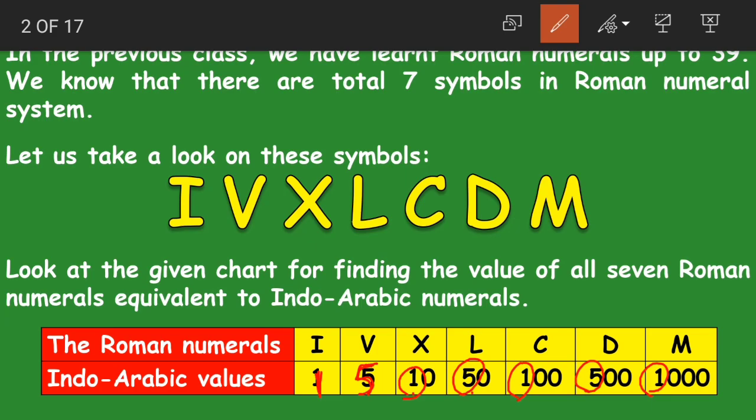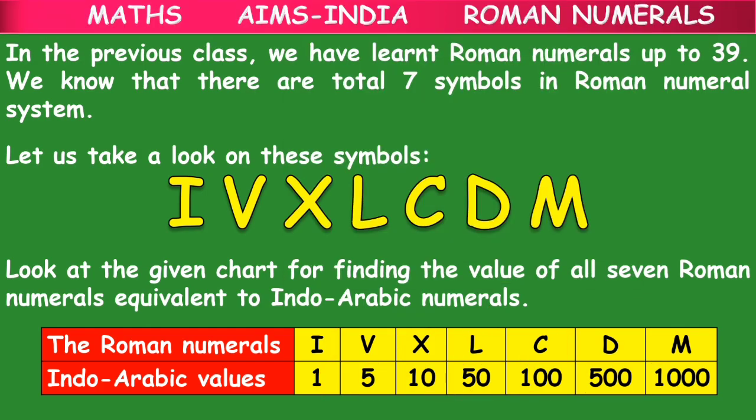The difference here is that in the first two numbers we do not have any zeros. For the next two we have 1, 0 each, and then we have one more 0. Here no 0. Here 1, 0. Then again we have 2 zeros. The number of zeros is increasing. Understood, children?